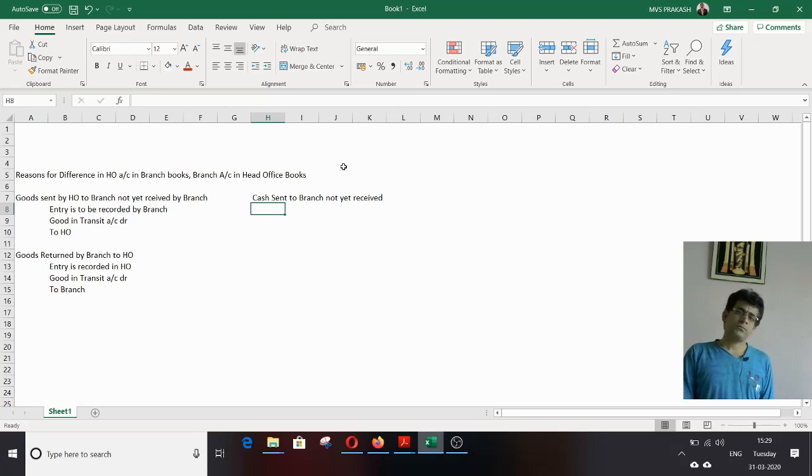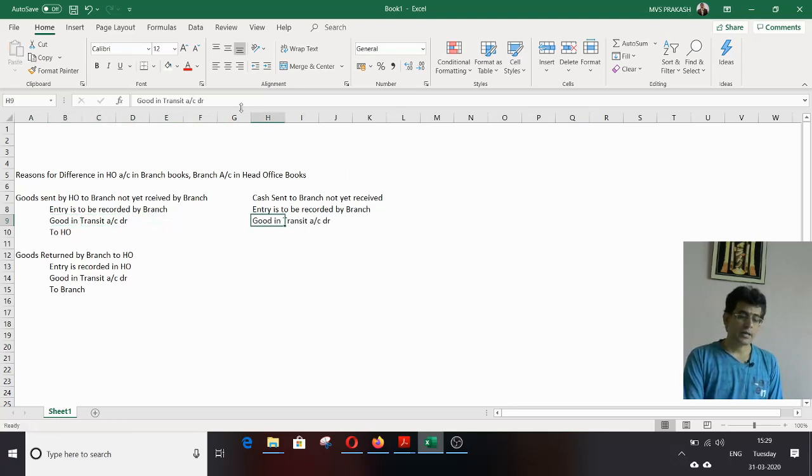Now, that cash is in transit, not yet received by the branch. Then ultimately in branch books the entry has to be passed. So in this case, the entry is to be recorded in the books of the branch. What entry do you have to record? Whether it's goods or cash in transit, anything which is in transit is supposed to be debited.